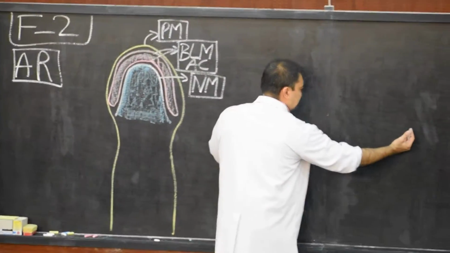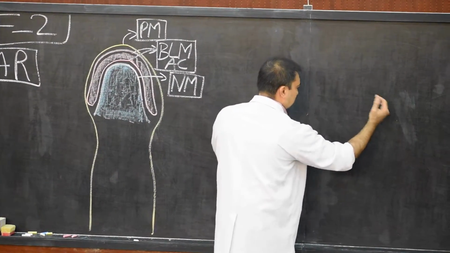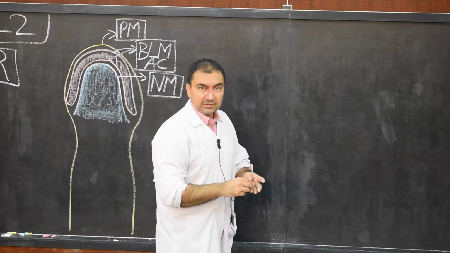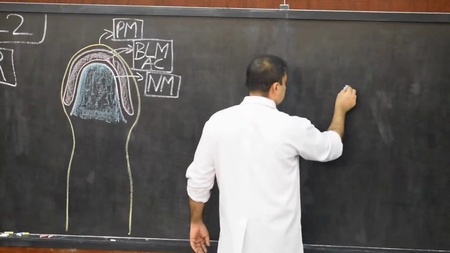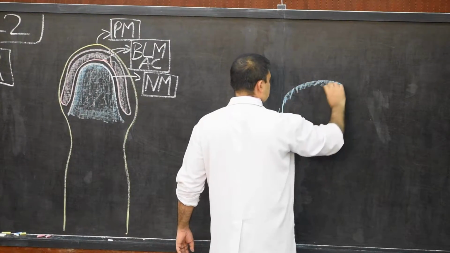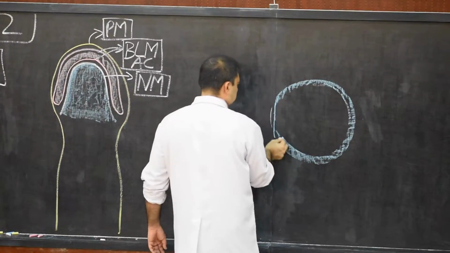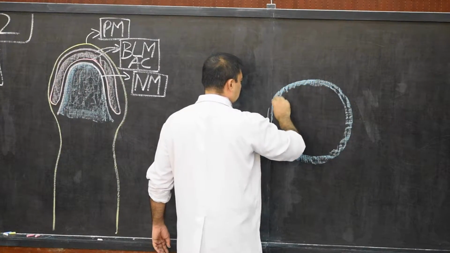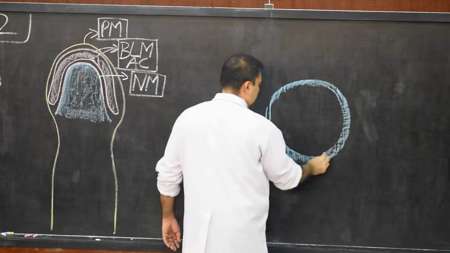After drawing these structures, on another side, please come on this side, where we are going to draw the secondary oocyte. Drawing the secondary oocyte, the first structure we will draw here will be our vitelline membrane.